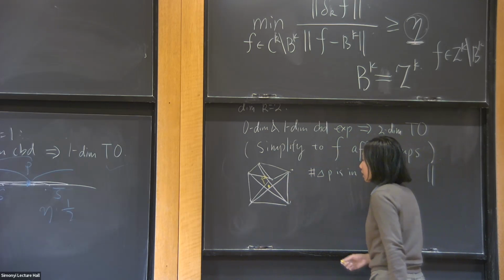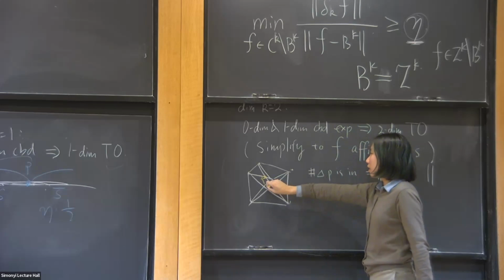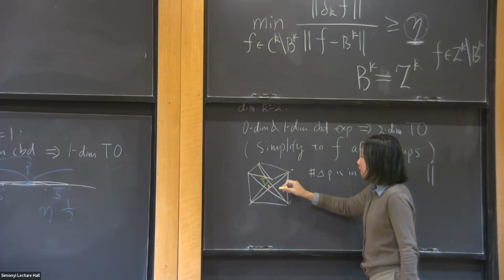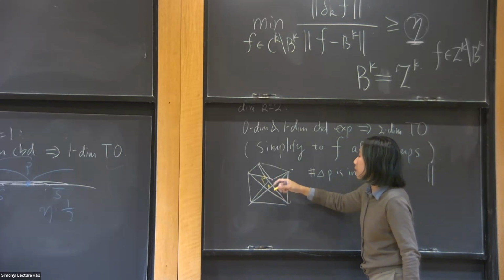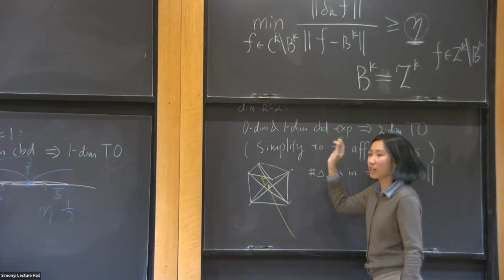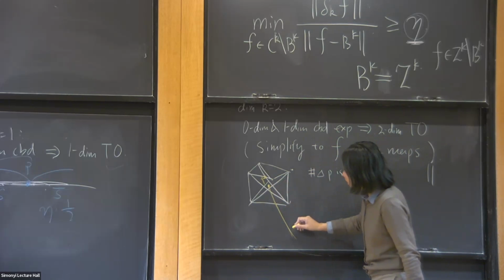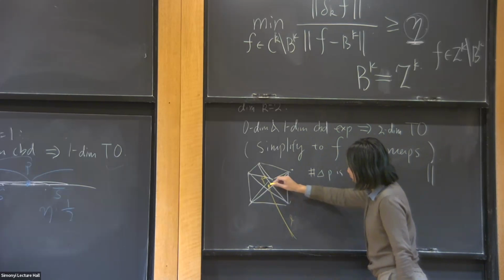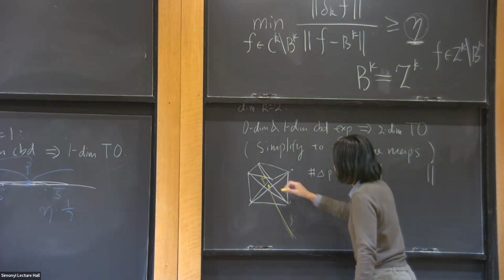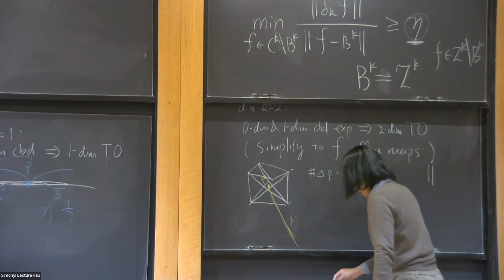What function is it? I'm thinking about emitting a ray of light from P to infinity, in any direction. Let's say this direction, and call this line L.